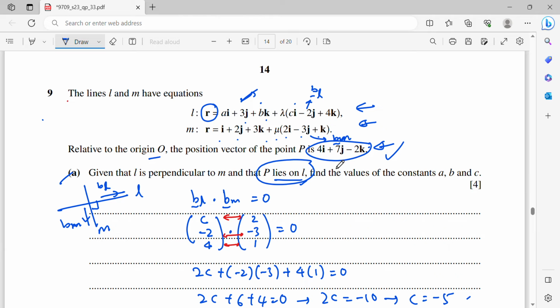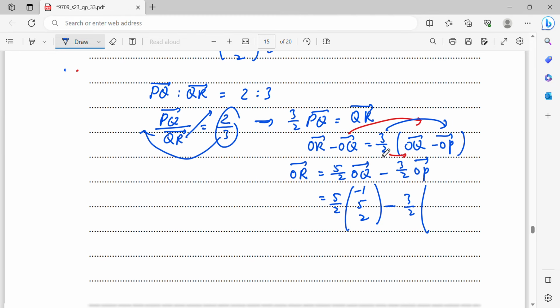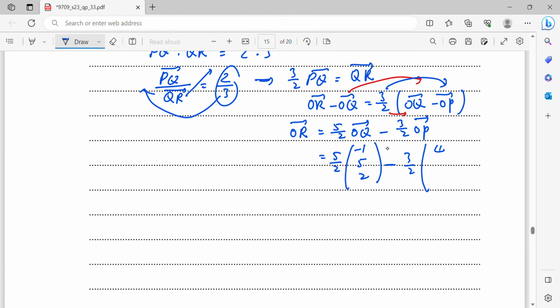So OP is 4, 7, minus 2. So here 4, 7, minus 2. Then when I multiply, 5 over 2 times minus 1 is minus 5 over 2. 5 over 2 times 5 is 25 over 2. 5 over 2 times 2 will be 5.